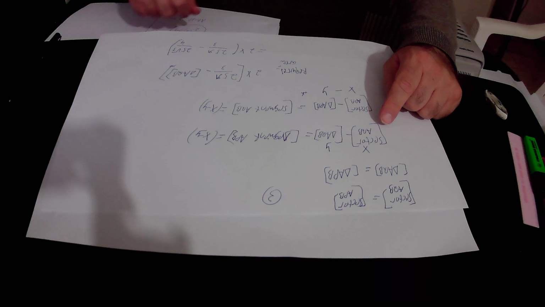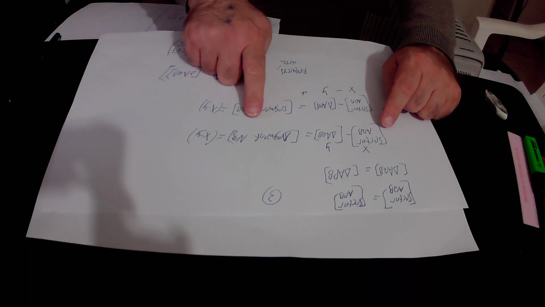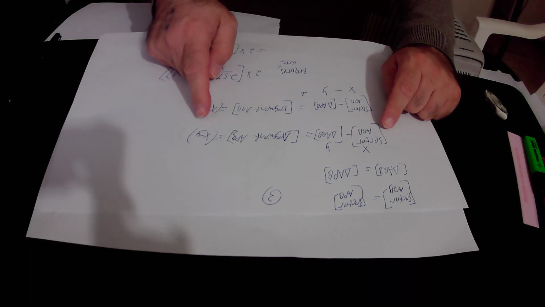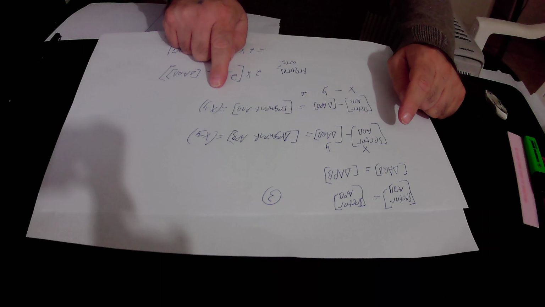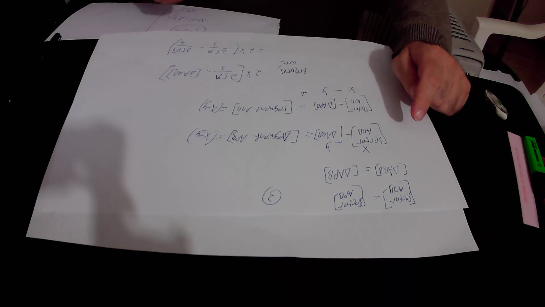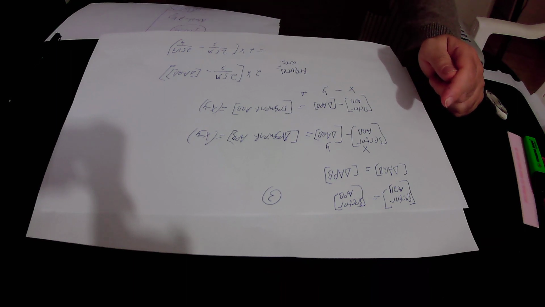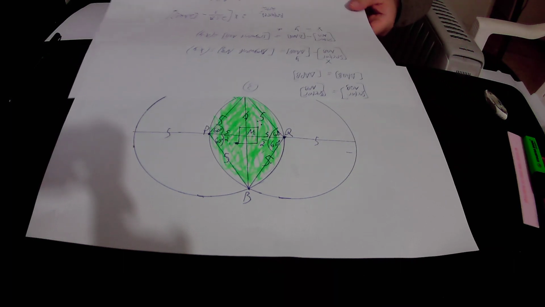Therefore, the area of segment APB will be x minus y, and the area of segment AQB will also be x minus y. So we can calculate the area of one segment and multiply it by 2, and we will get the required area, that is the area of the green shape.